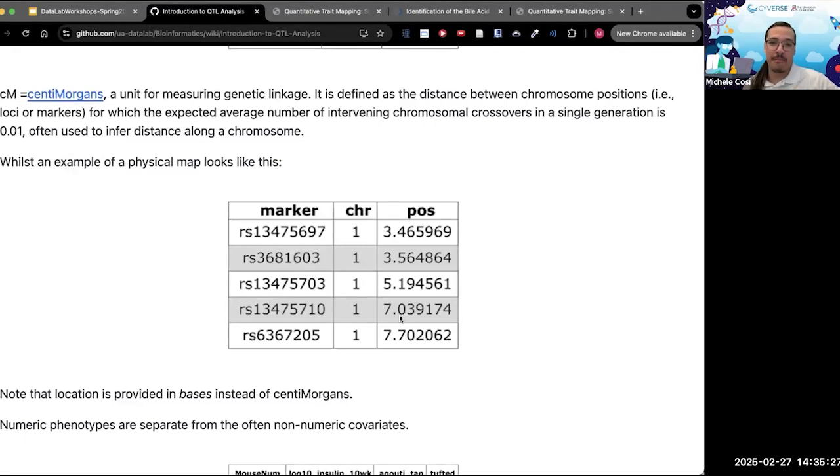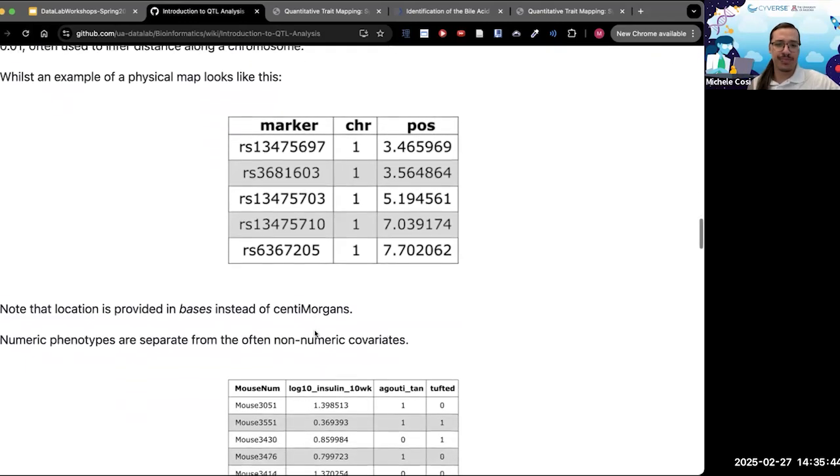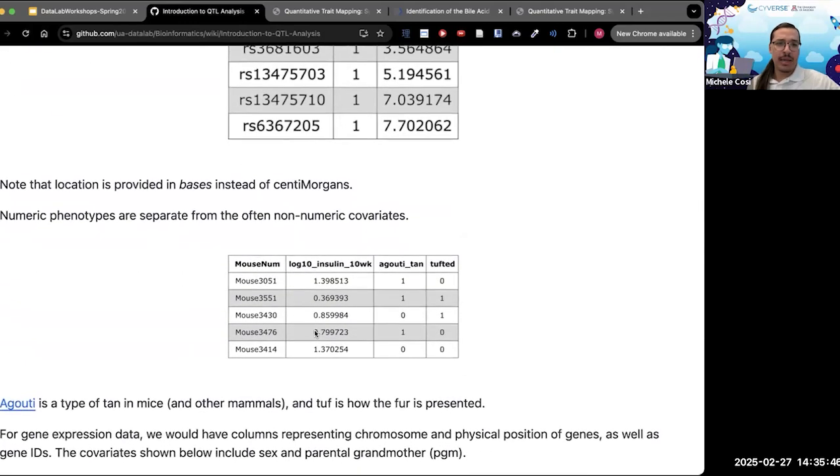But if you are working on the human genome, or mice, or Arabidopsis thaliana, there are physical maps out there for you to use. Then you also need the numeric phenotypes.